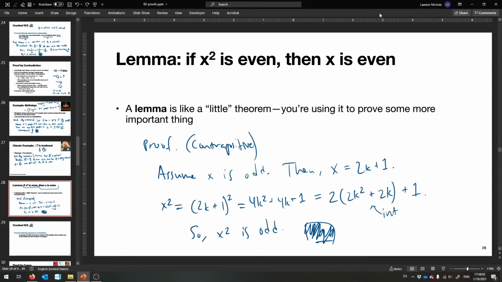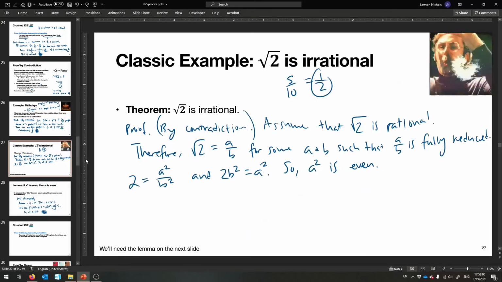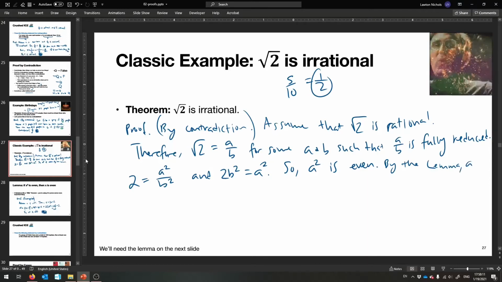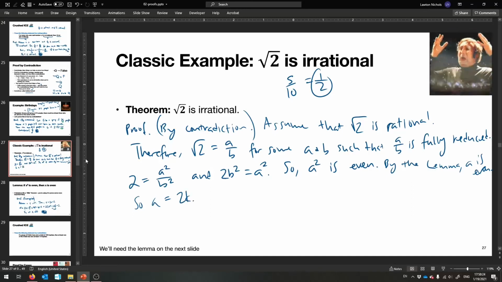Okay, so let's come back here and use that. So a squared is even by the lemma. So a is even. Okay, because a is even, so these are all just falling together. It's a beautiful proof. So a equals 2k for some k, and we can bring that into this equality.